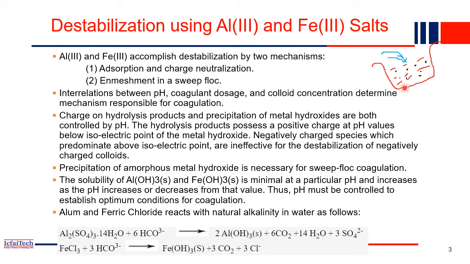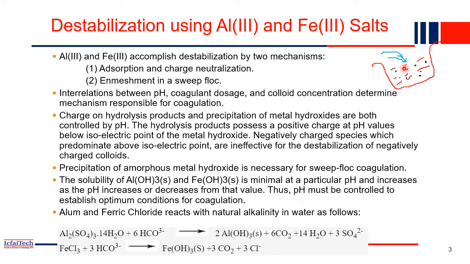Now the entire destabilization mechanism depends on three things. One is the pH of the water. If pH is more, then one type of mechanism will happen. If pH is less, then another type of mechanism will happen.